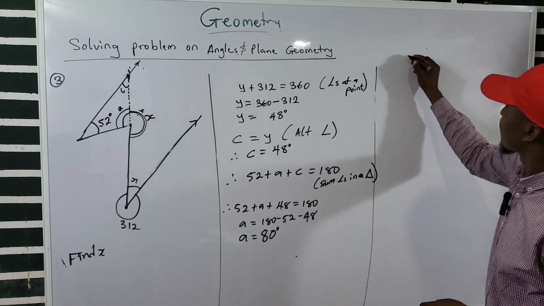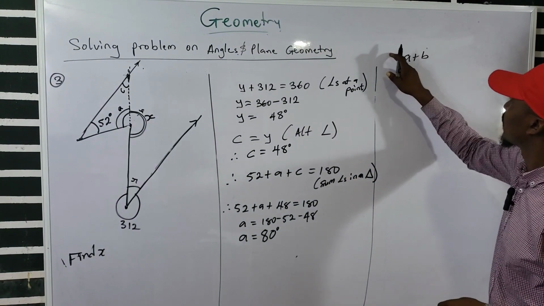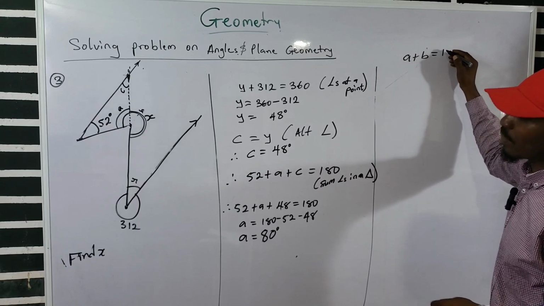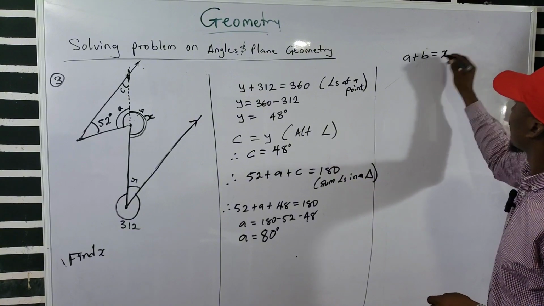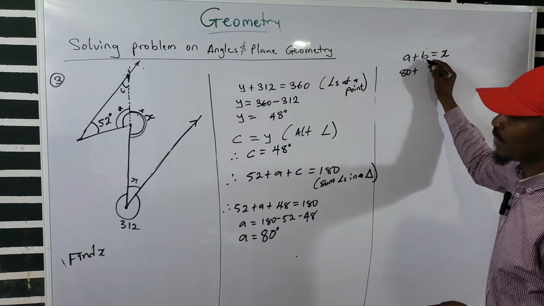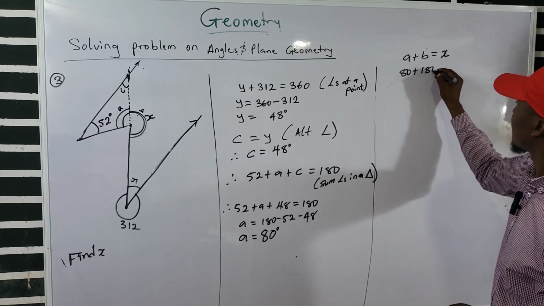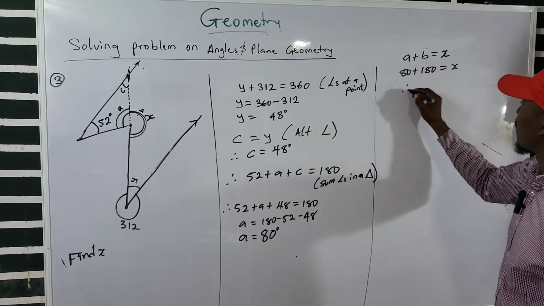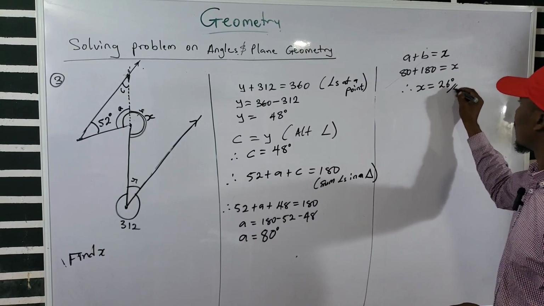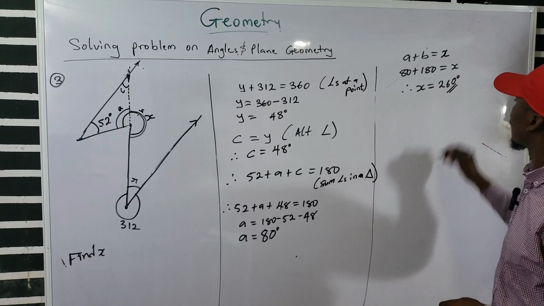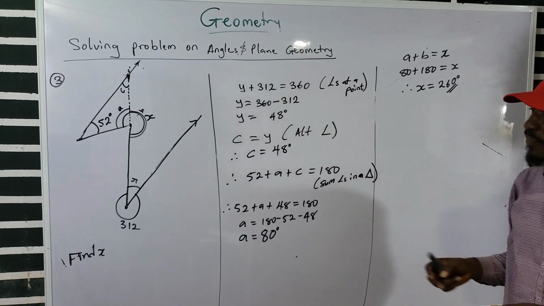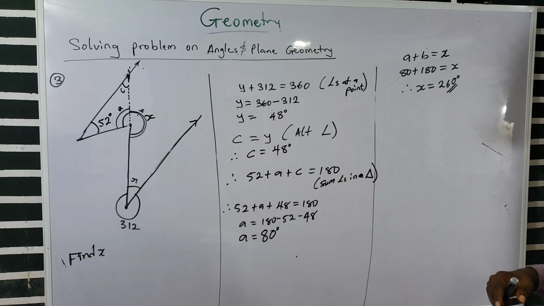So that will give us that A plus B equals X. So we have A as 80 plus B as 180 equals X. Therefore, X equals 260 degrees. Okay, we have solved that particular problem.